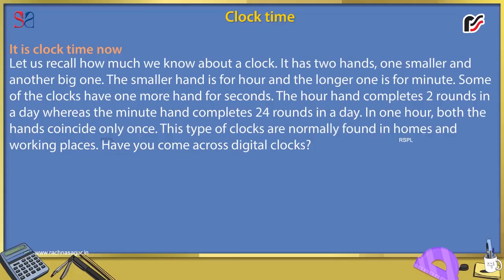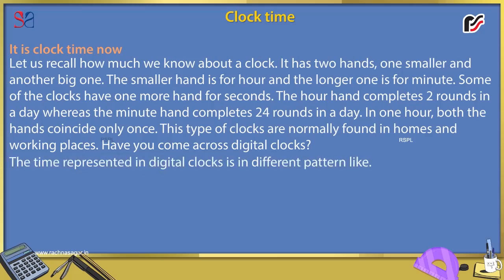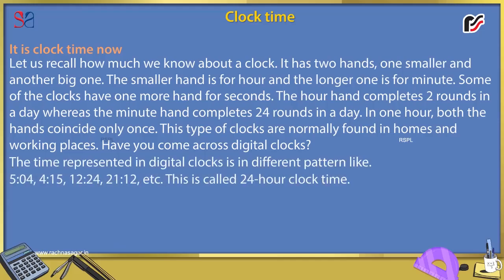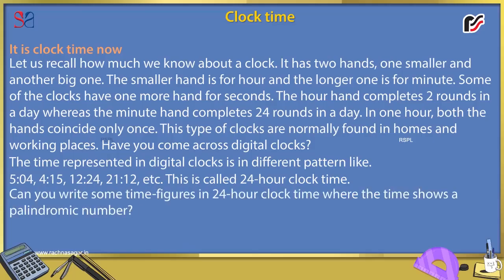Have you come across digital clocks? The time represented in digital clocks is in a different pattern like 5:04, 4:15, 12:24, 21:12, etc. This is called 24-hour clock time. Can you write some time figures in 24-hour clock time where the time shows a palindromic number?